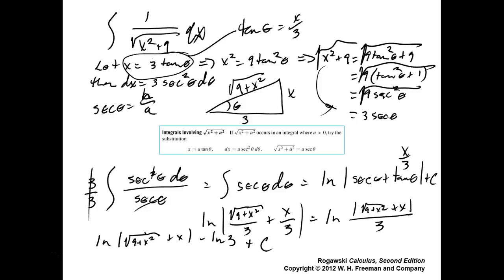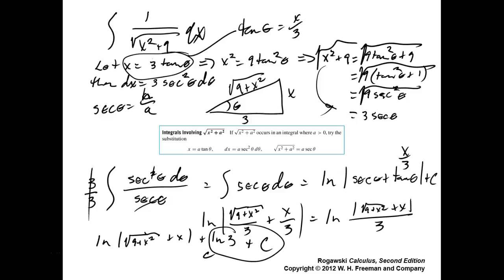You know what they do at the end? Log 3 is just a number. So just add it to c and it just makes it plus c. That's what they did, because you don't really need a log 3 in there. You're just adding a constant to incorporate the log 3 in the constant. So that shortened it.